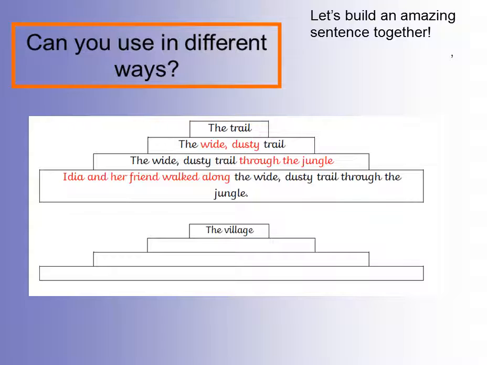And then in our next part of our pyramid it finally becomes a sentence because it now has a verb in it. We know what our people are doing. They're walking in this wide dusty trail. Idia and her friend walked along the wide dusty trail through the jungle. So you can see how we improved our vocabulary and our grammar as we made our way through that sentence.